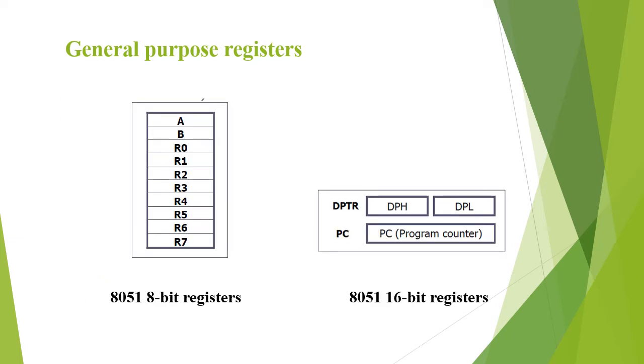Out of these, registers A, B and R0 to R7 are 8-bit registers of the 8051, whereas the data pointer register and program counter are 16-bit registers.